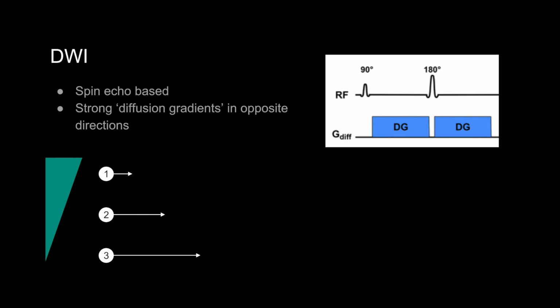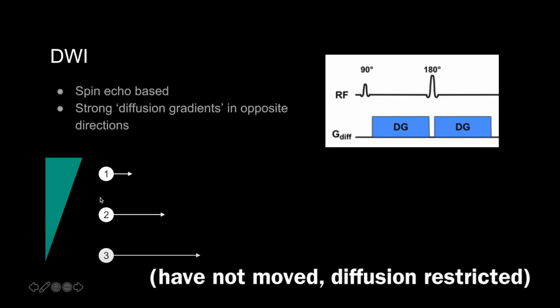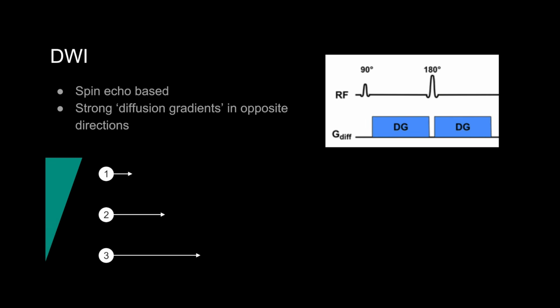If we apply now a gradient in an equal and opposite direction, as we do here, and in the interval time between the gradients, these molecules or nuclei have not moved at all, aka their diffusion has been restricted, then they will be acted on by this opposite gradient and brought back into phase, and signal now is maintained for these molecules with restricted diffusion.